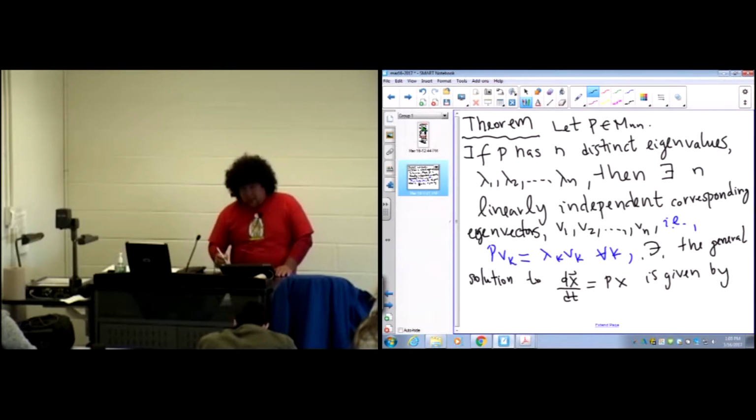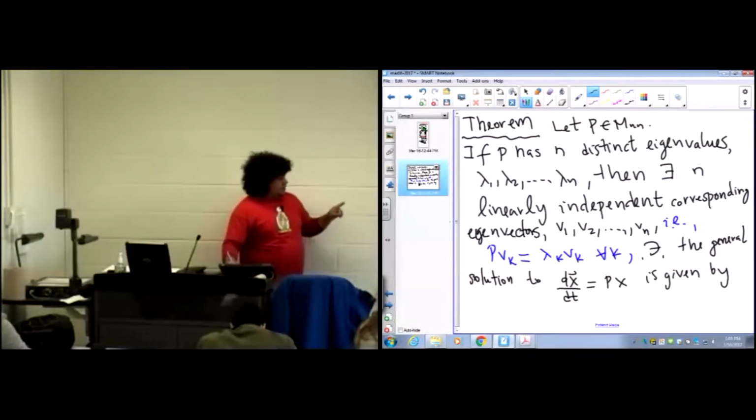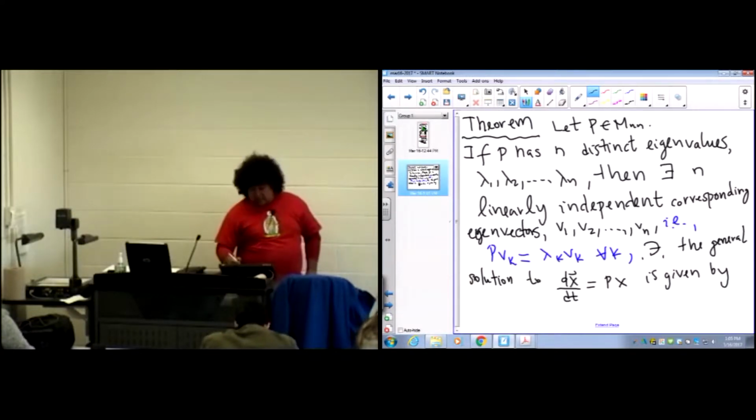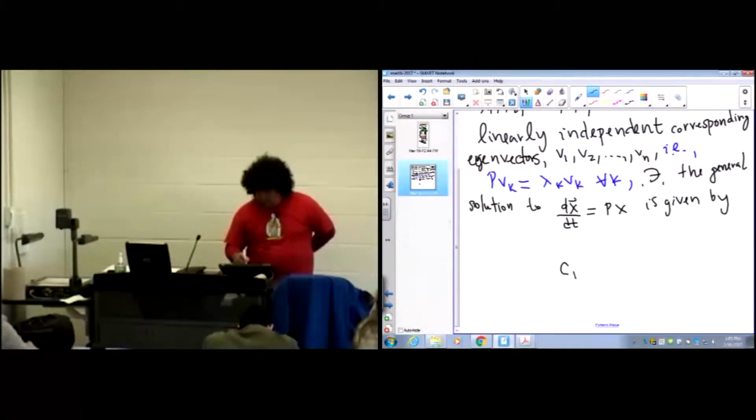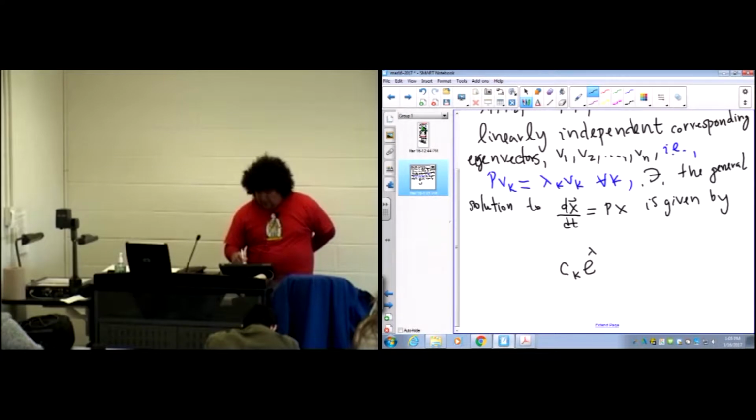So this is a general solution. That means that those coefficients c1, c2, c3, c4, all the way through cn, are coefficients to be determined by initial conditions. Right? This is the general solution.